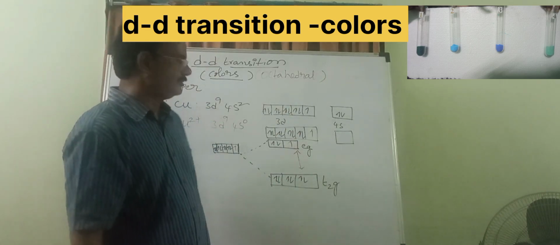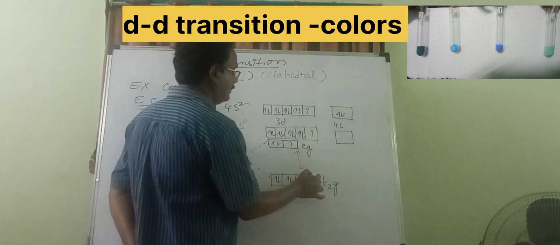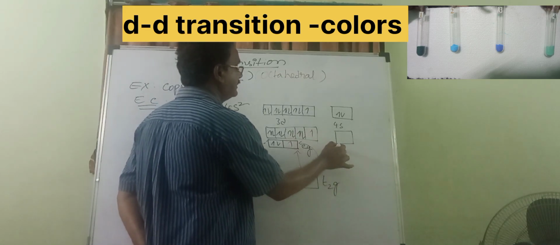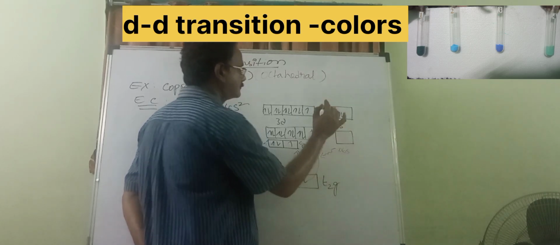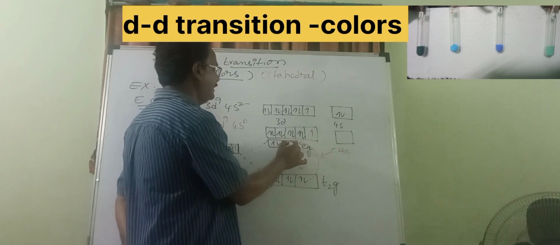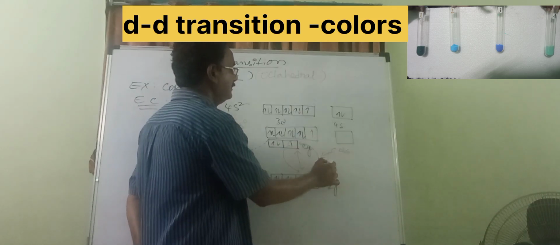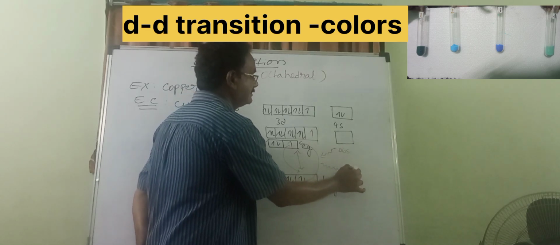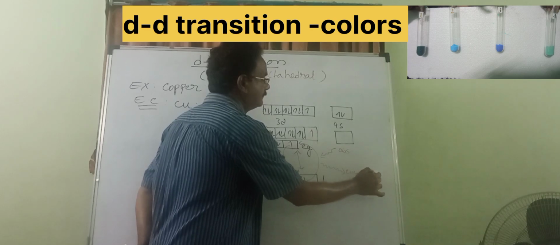So during this transition, if an electron goes from T2g orbital to Eg orbital, then absorption of energy takes place. Again, when the electron comes from Eg to T2g orbital, because it is de-excitation, energy will be emitted in the form of light.